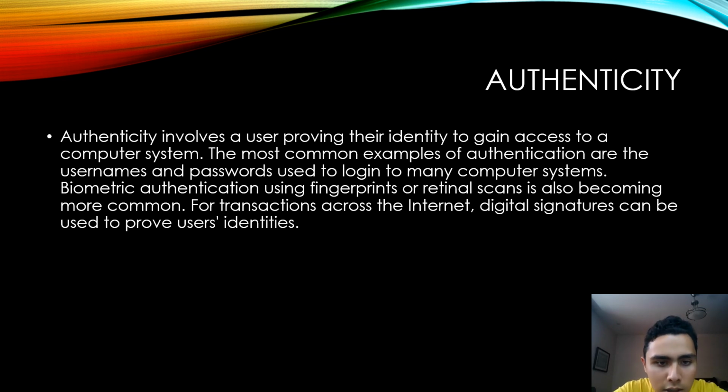The authenticity involves a user proving their identity to gain access to a computer system. So we can relate here to two-factor authentication. For example, to access Instagram and WhatsApp: for Instagram you create a code that you get on your phone number via text message.